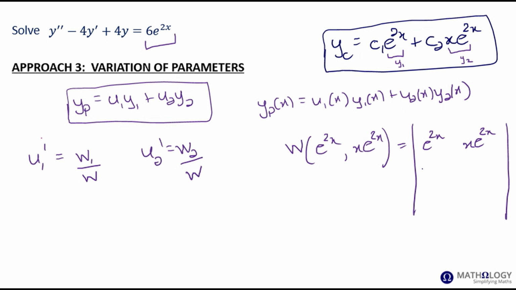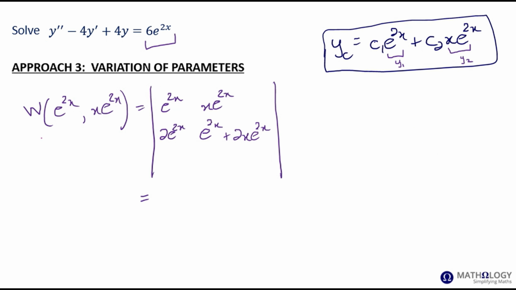So the second row will be 2 e to the 2x. That'll be the first entry in the second row. And the second entry in the second row will be e to the 2x plus 2x e to the 2x.